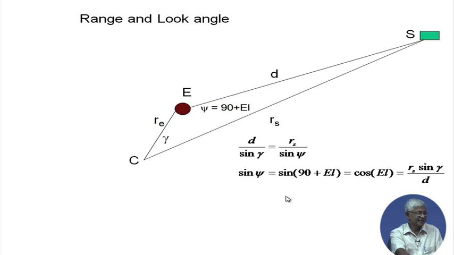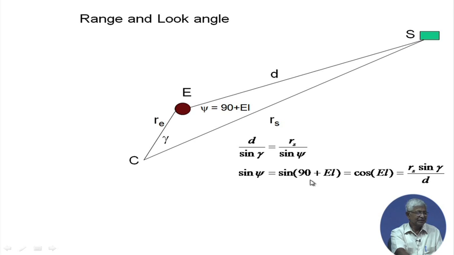We will see that. First, let us see in this triangle again, which is C, E and S, and which forms a central angle gamma at C, and the sides are D, R E and R S. Using sine law, we can state that D by sine gamma, opposite side angle, is R S by sine of opposite angle, which is sine psi, which is nothing but 90 plus elevation.